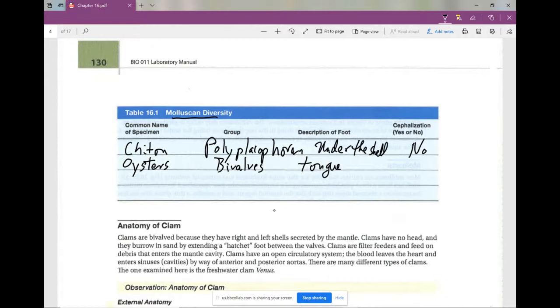Or the clam, right? Here's a clam. And maybe you've noticed a little muscular foot right there that sticks out, and it uses it to move around. And again, head region, no, not present.